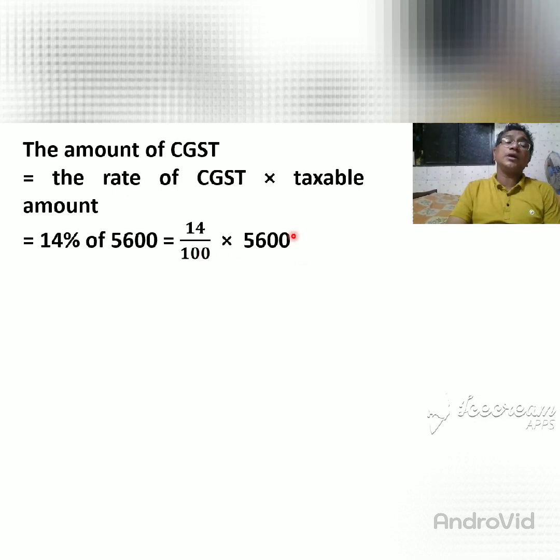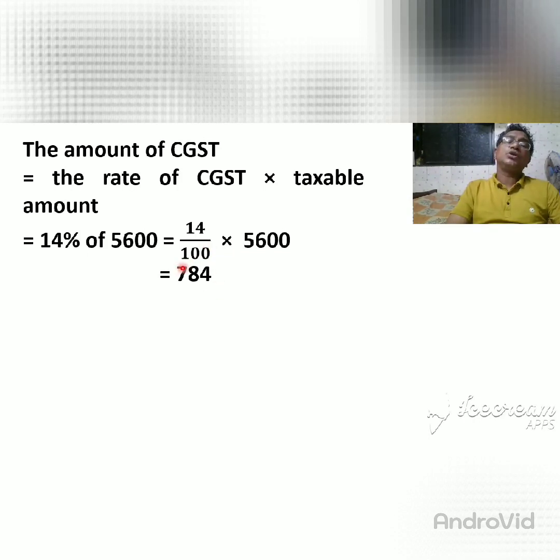If you are not cancelling, then what do we get? 14 6s are 84, 4 carry 8. 14 5s are 70. 70 plus 8, 78. So 784. Is anyone puzzled?